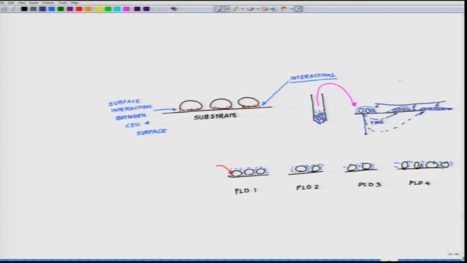So what you need is a microscope which will give you an idea of how this molecule is interacting.